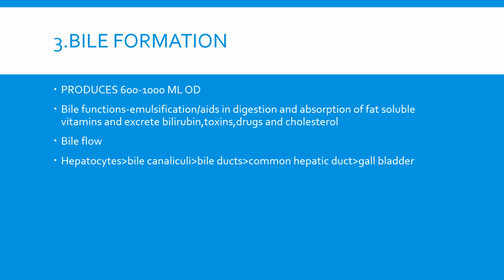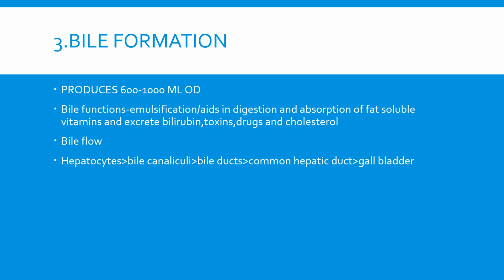Number three, we have bile formation. Bile is produced in the liver and the amount is always 600 to 1000 ml per day. Bile functions include emulsification, aiding digestion and absorption of fat soluble vitamins, and excreting bilirubin, toxins, drugs, and cholesterol.